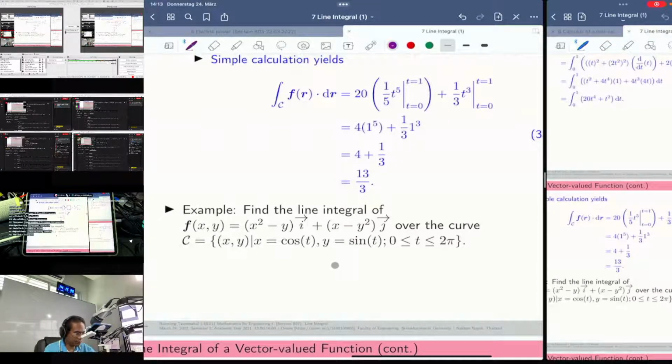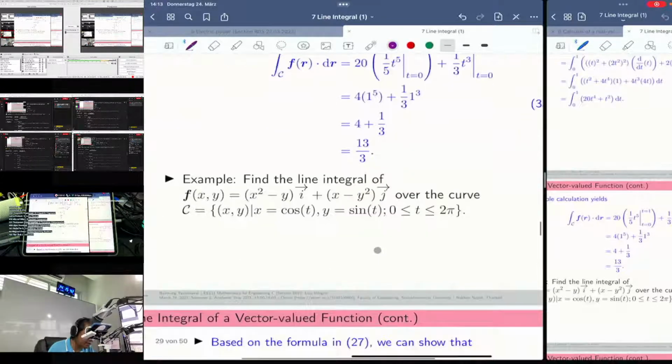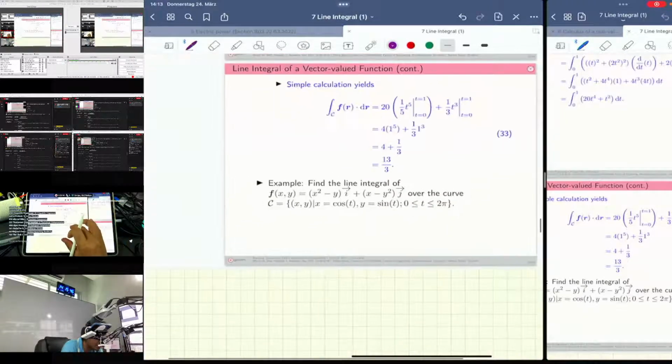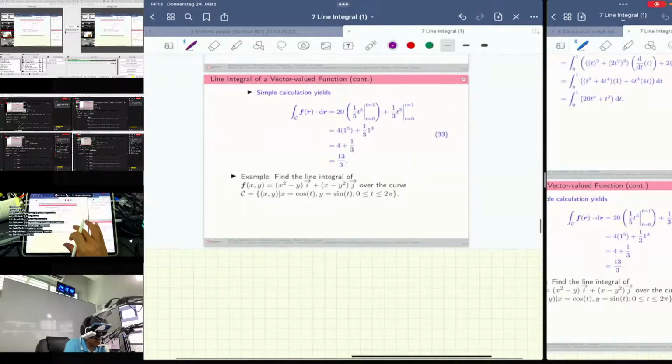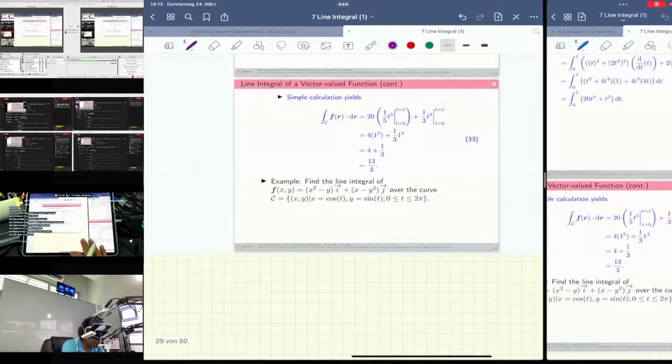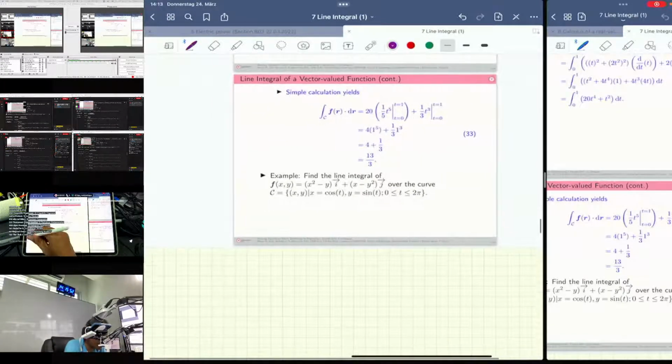Now we need to compute the line integral of this term, right? Of course, we know that f1(x, y) is x squared minus y.